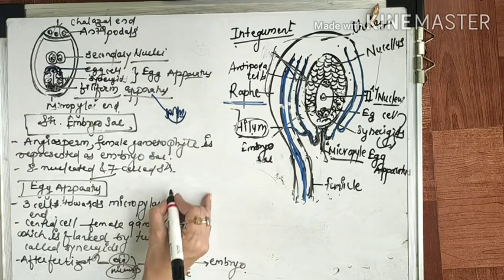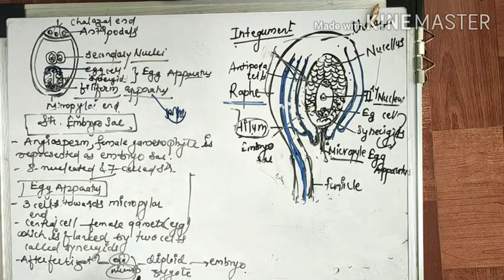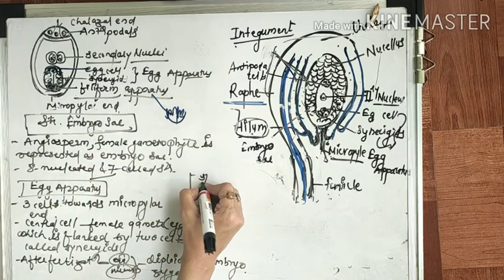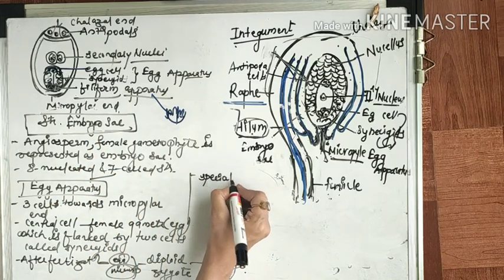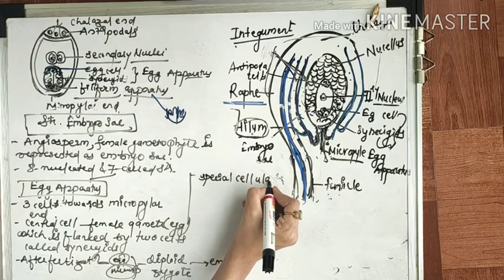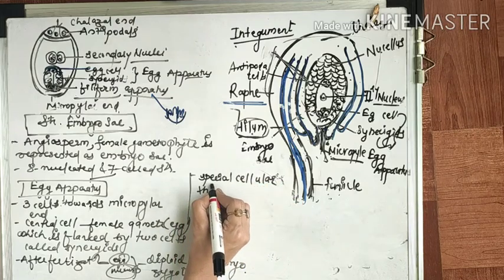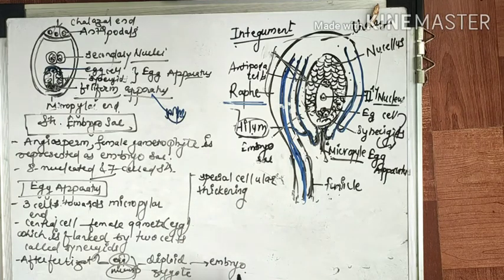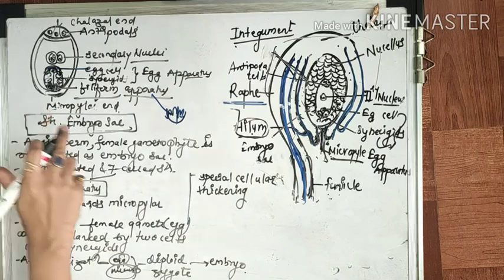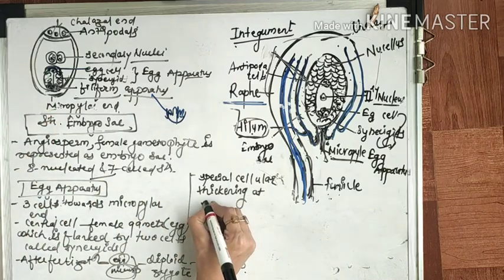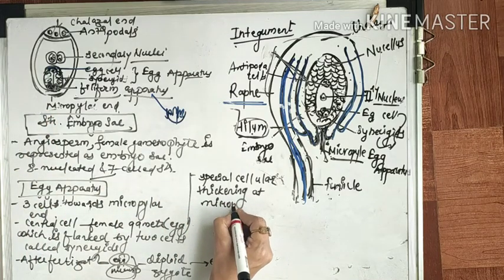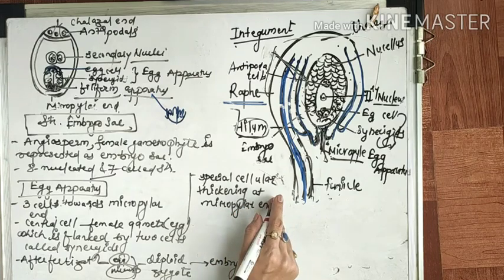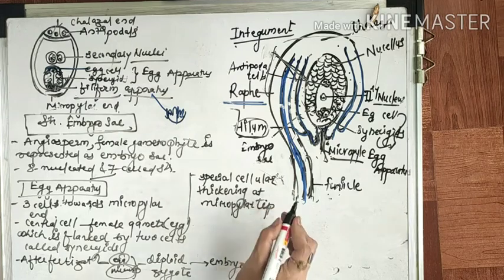So the synergids only bear a special cellular thickening at the micropylar end, or you can say at the micropylar tip, that's more suitable.